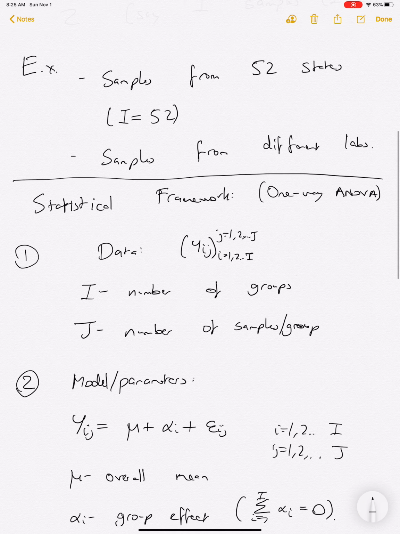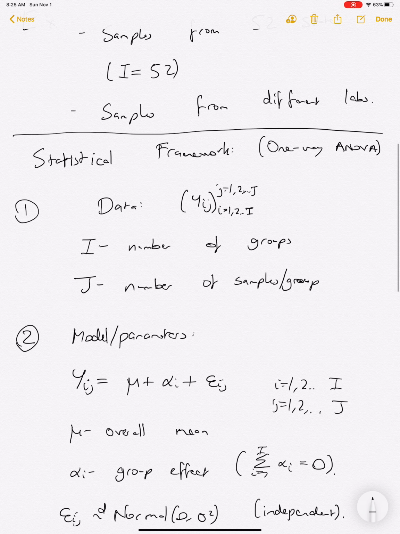So just to go back to our statistical framework and how things are in this ANOVA setting where you have multiple groups compared to earlier. Here, your data, and I'm going to try to be consistent with the textbook, is your Y_ij, where now you have two subscripts: one subscript for which group you're in, and then another subscript for which sample you're referring to within that group.